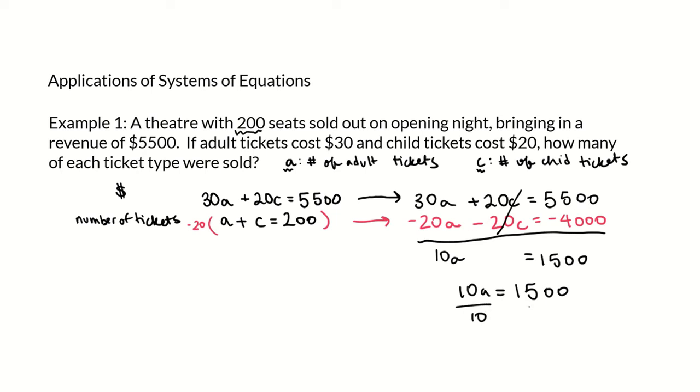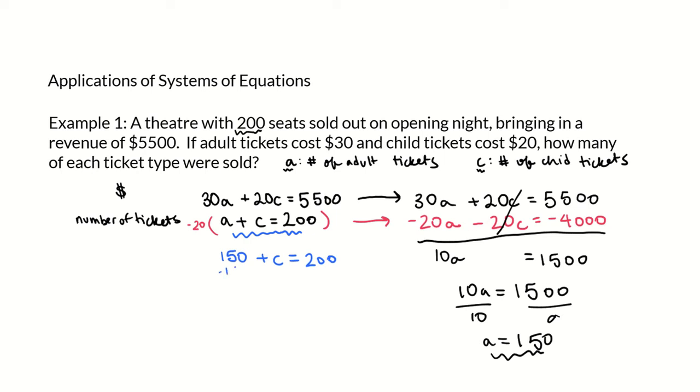To solve, we divide by 10, and we get that A is equal to 150. So that's the number of adult tickets, is 150. Now we know that the total number of tickets is 200, so the adult tickets plus the child tickets would equal 200. Since we now know we sold 150 adult tickets, 150 plus the number of child tickets is equal to 200.